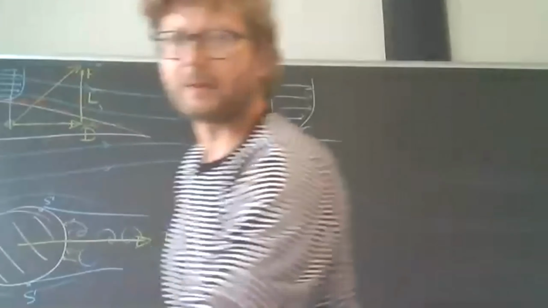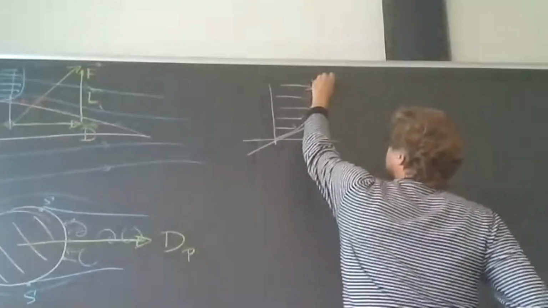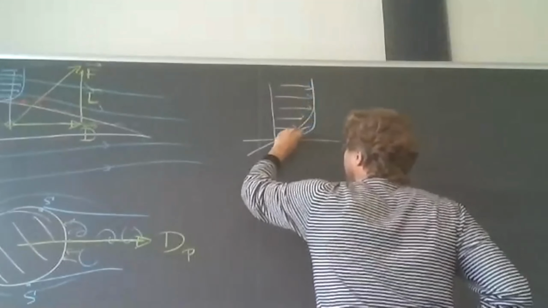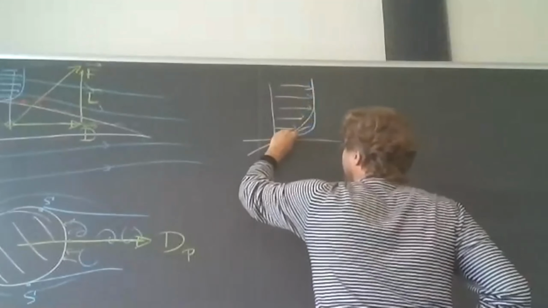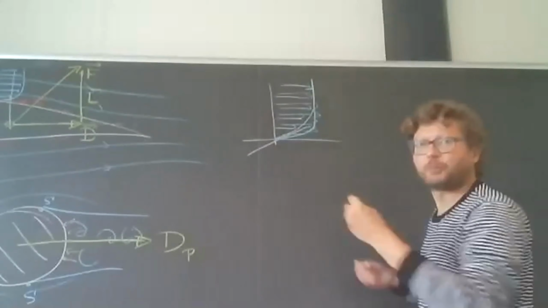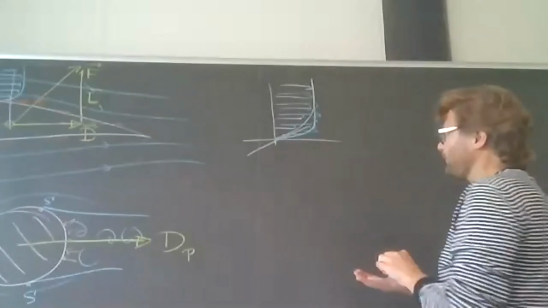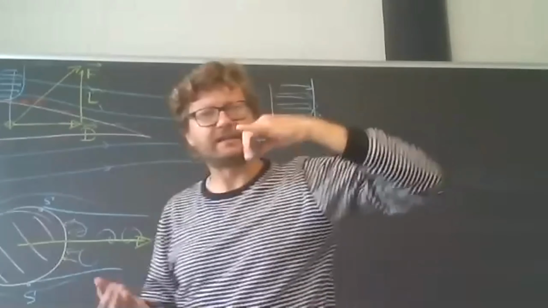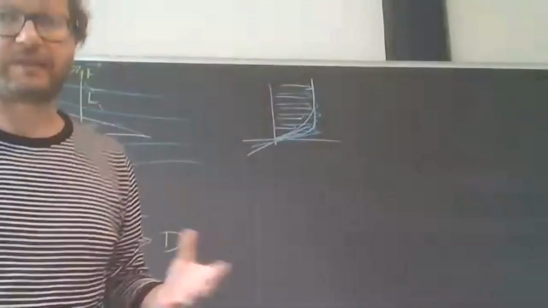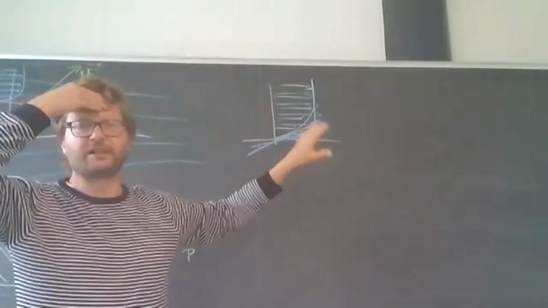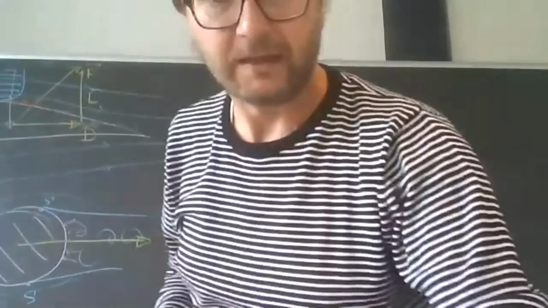And if we have a turbulent boundary layer, the mean profile looks more like that. This is the mean profile. Of course, there are these turbulent fluctuations on top of that. But the mean gradient at the wall is a higher gradient, so we have higher shear stress. The mean shear stresses at the wall are higher for turbulent boundary layers than for laminar boundary layers.